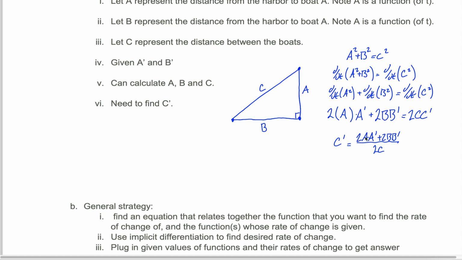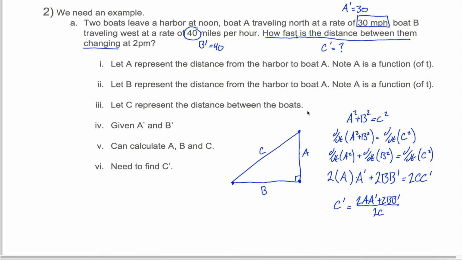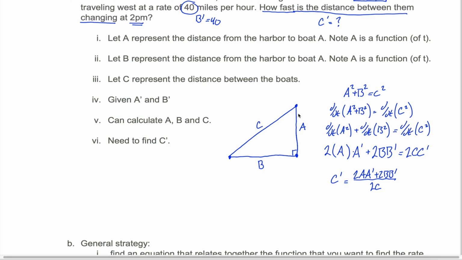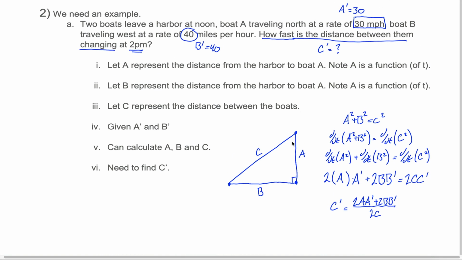This is just talking about the value of A, specifically the value of A at 2 p.m. How long is this line segment at 2 p.m.? Well, as a reminder, this boat's going 30 miles an hour, and it's been doing that for 2 hours, so A must be equal to 60, 2 times 30. Similarly, because boat B is traveling 40 miles an hour, B, the distance from the harbor at 2 p.m., would be 2 times 40, in other words, 80.